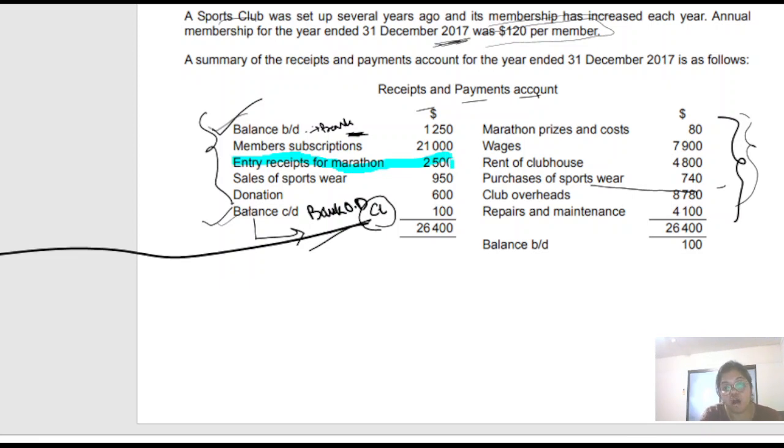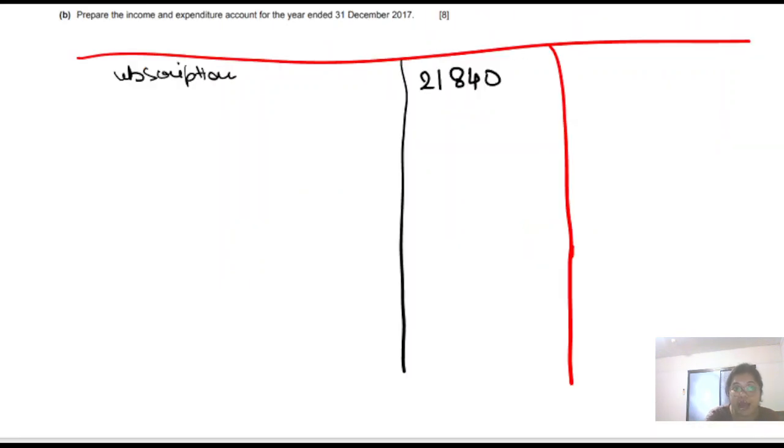So from the marathon, if any kind of expenses happened for running that marathon, we have to deduct them. For the marathon prize we spent 80 rupees. So from the entry receipt, which is 2500, we have to deduct this 80 so that we can calculate our income from the marathon.